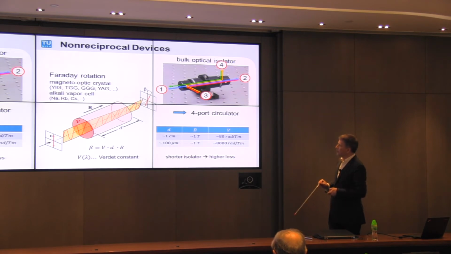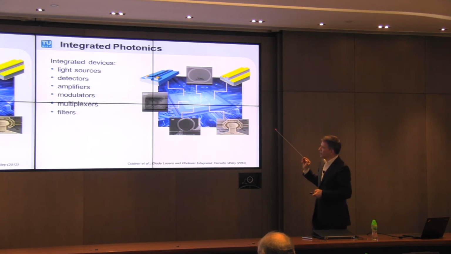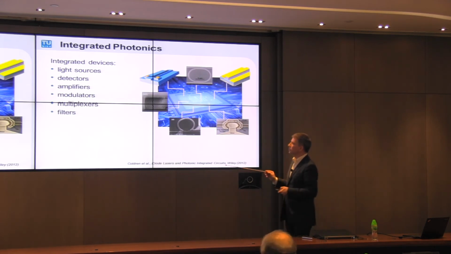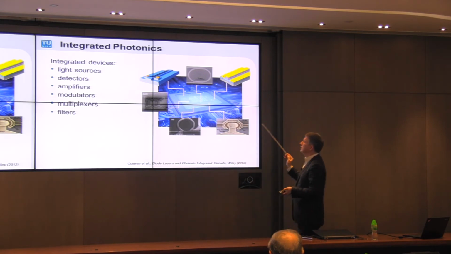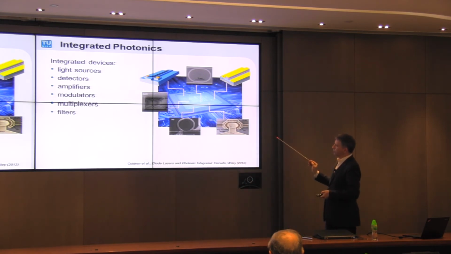There are ways around it. But I should maybe first say a few words about integrated photonics in general. Everything has been demonstrated by now in integrated photonics: light sources, detectors, amplifiers, you name it, it's there.